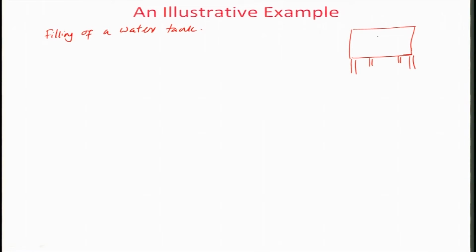It is not a good diagram, but yes, assume that this is a water tank. And you have a water pipe that is coming in and brings water into it, and water falls into this. And there is some level of water in it.